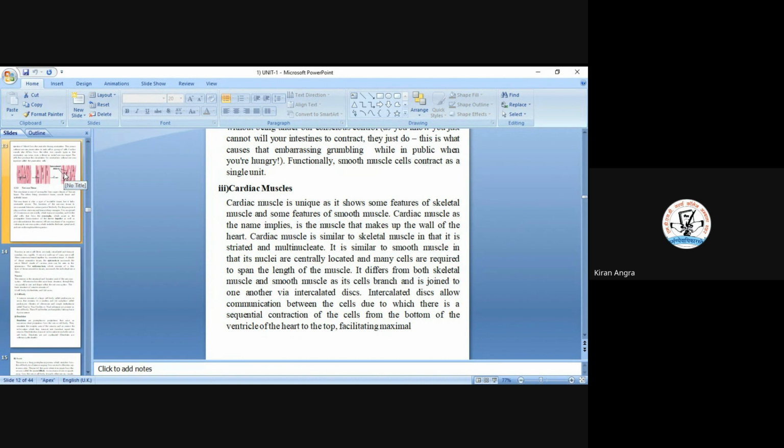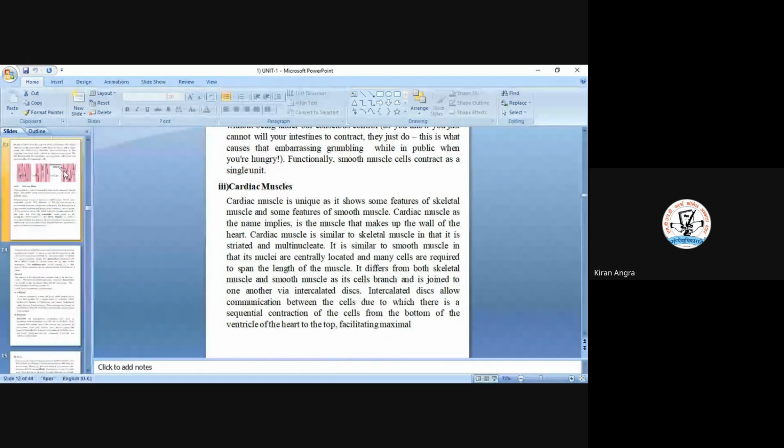They are similar to smooth muscle, in which the nuclei are centrally located and many cells are required to span the length of the muscle. So this is the common feature, but they differ from skeletal as well as smooth muscles in that their cells are branched and joined to one another by something. I'll show you the diagram.